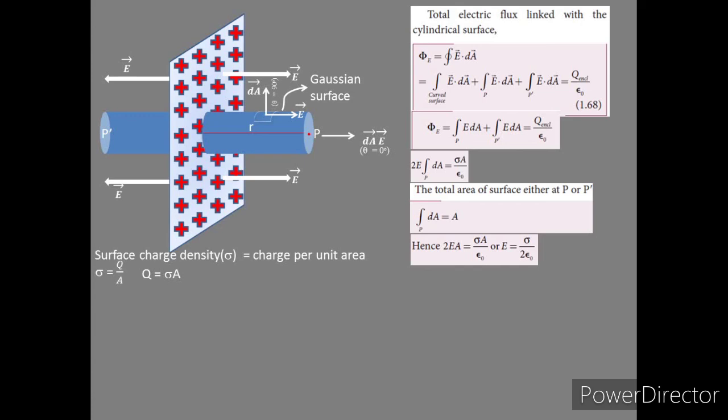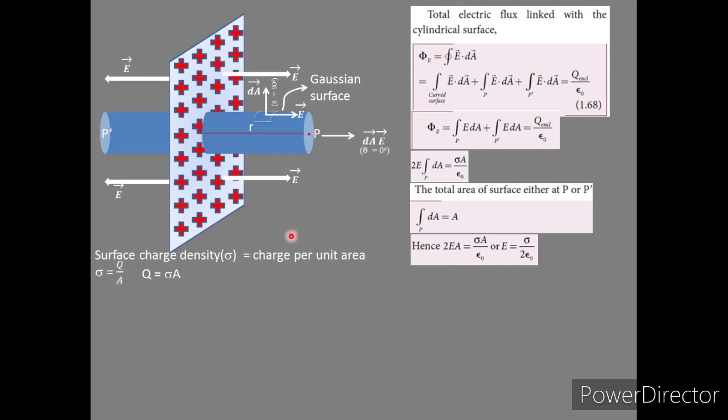The only thing is that if the charge sheet has a surface charge density greater than 0, that is, if sigma is positive, we know that the electric field is going to be acting away from the charge sheet, and if sigma is less than 0, what is that? The value less than 0 is negative.